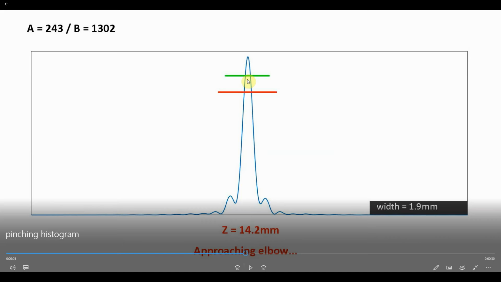This is what appears as pinching. But actually, the calculated width is almost the same or even slightly wider than the green bar, which is the width at the flat. This occurs partly because even small amounts of light can have a large effect on standard deviation when they are far out from the center. So these side lobes, and even these, are having a substantial effect.